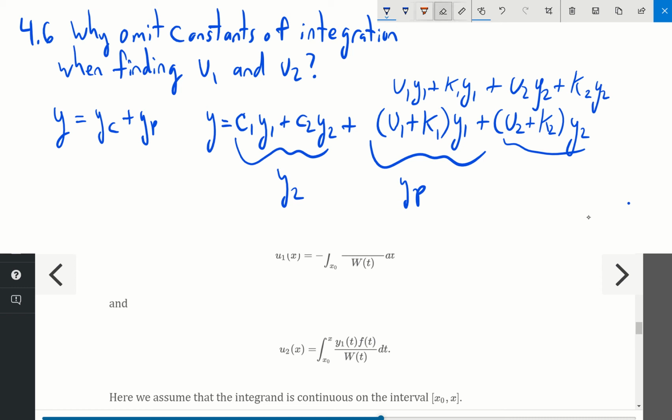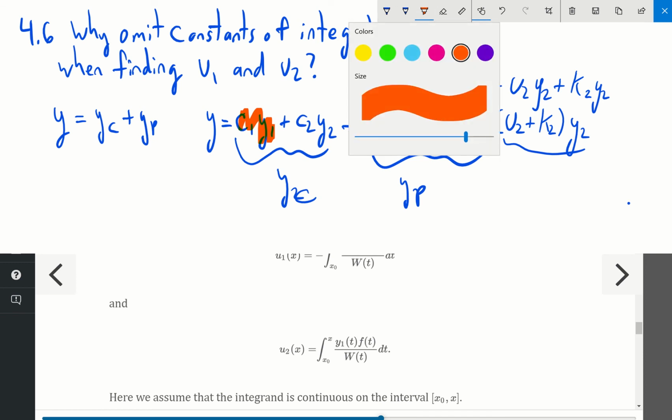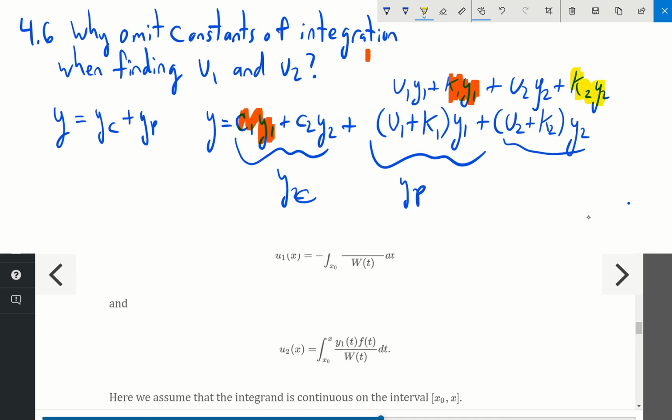However, this constant times y1 was already considered and included in our complementary solution, yc. And similarly, whenever we look at k2 y2, that's already included here.